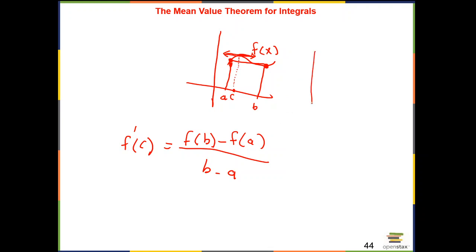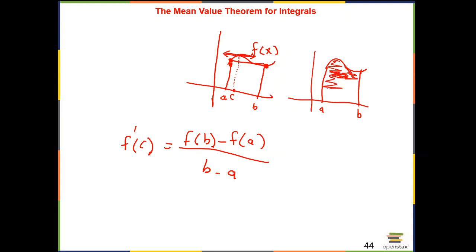Now the mean value theorem for integrals says that if we have the same situation, a function going from a to b, and the function is continuous, consider the area under f of x.